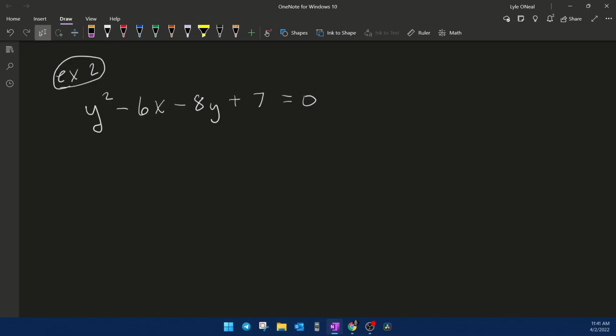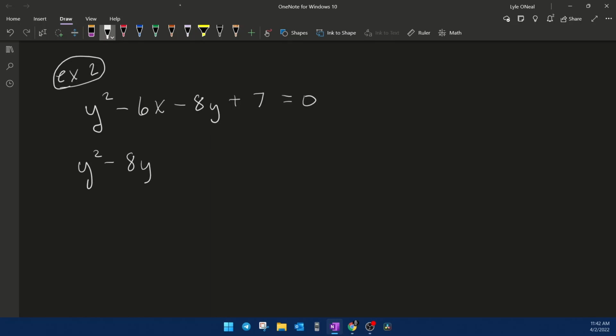So the first thing that we probably want to do is convert from general form to standard form, because once you're in standard form, you can find h, k, and p, and from there you can find any information you want to find. So what we're going to do to start is group our y's together.